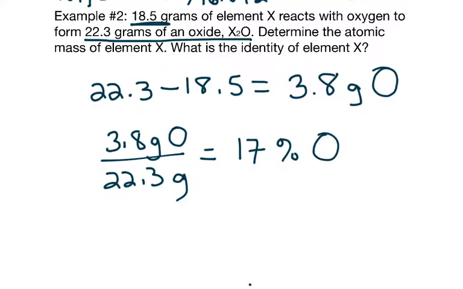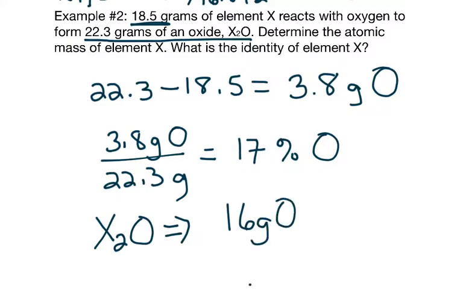So that's useful to us because that tells us what we can understand about 1 mole of the compound, for example. Because we know that 1 mole of this compound, since there's only 1 oxygen atom, is going to have 16 grams of oxygen, because we know oxygen weighs 16, and there's only 1 mole of oxygen for every 1 mole of X2O.